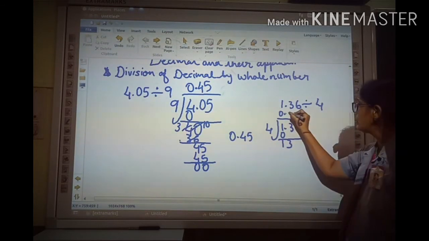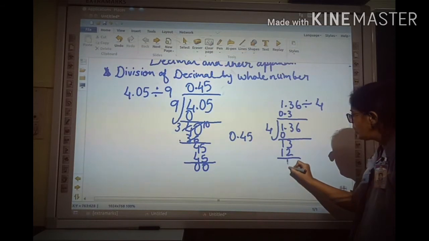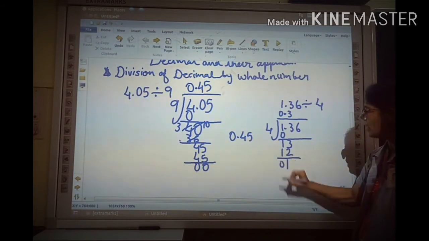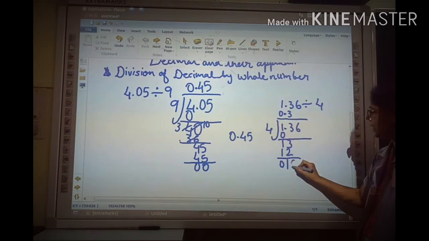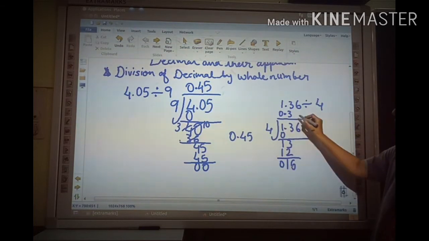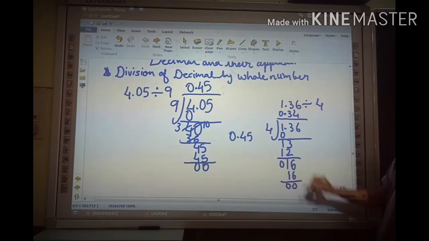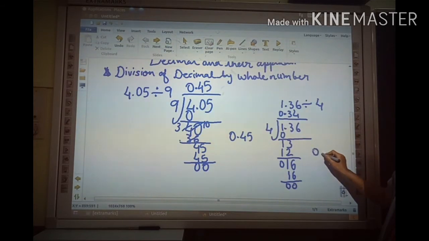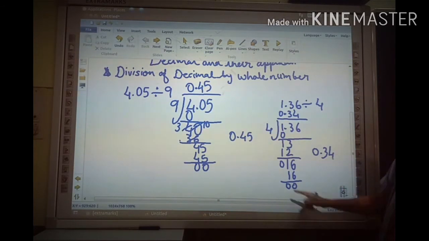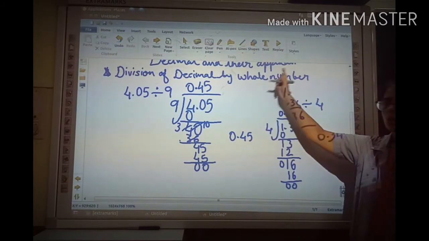Then 4 3s are 12, right? 3 minus 2 is 1 and 1 minus 1 is 0. Then I have to take down this 6. What I have to divide here? Then 4 4s are 16, right? So 0 0. So what is my answer? 0.34. Understand children? So here we have learned division of a decimal by the whole number.